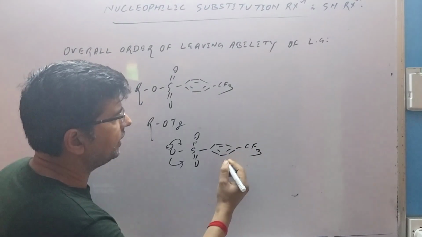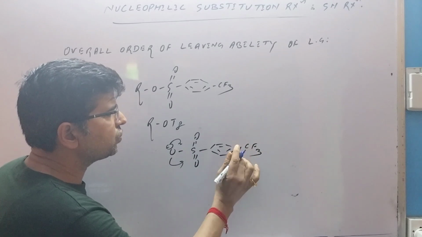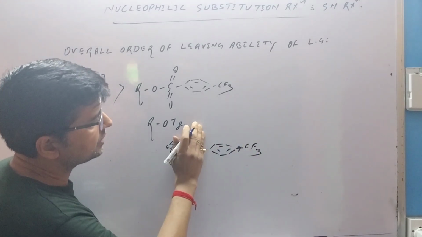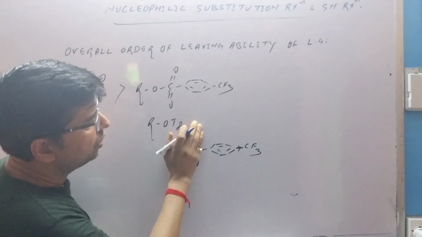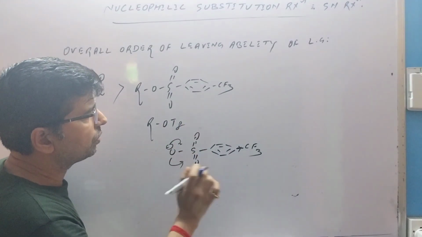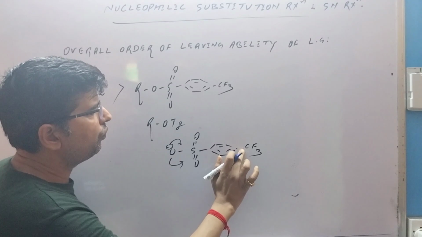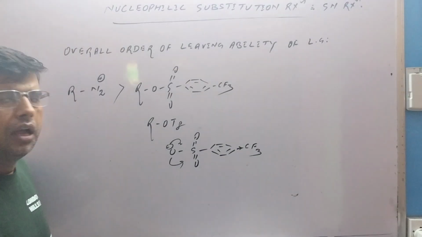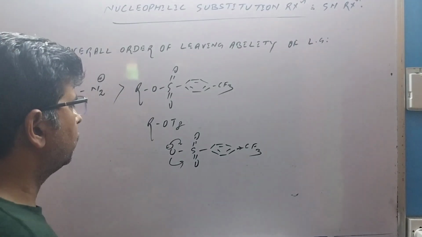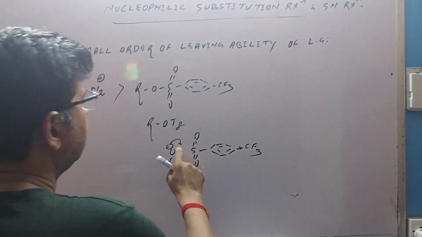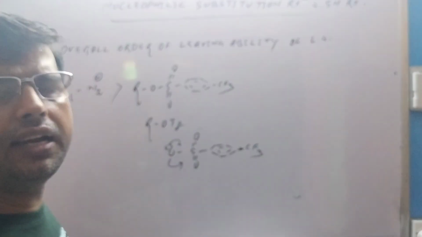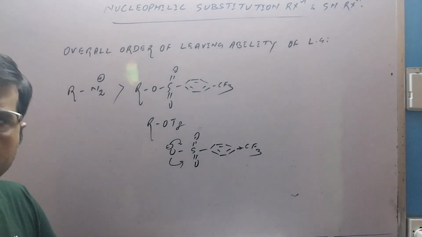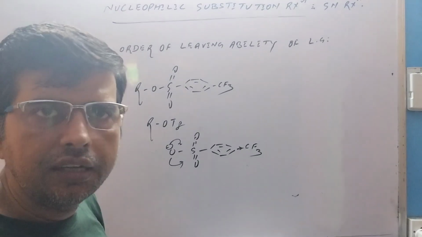The most important thing is the presence of the CF3 group, trifluoromethyl. As we know, the minus I power of CF3 is much more powerful, so this stabilizes negative charge density to a greater extent. As we know, with anion stabilization, the rate of reaction predominates.